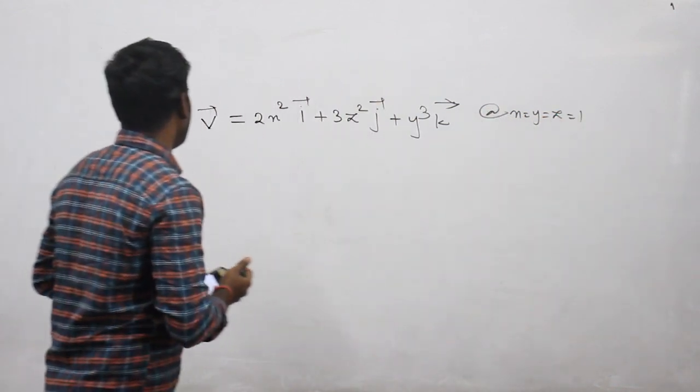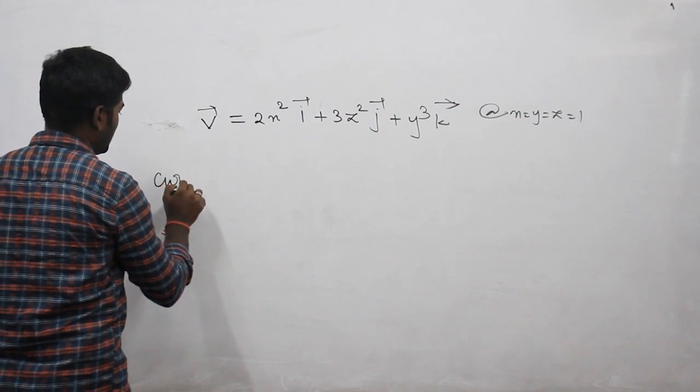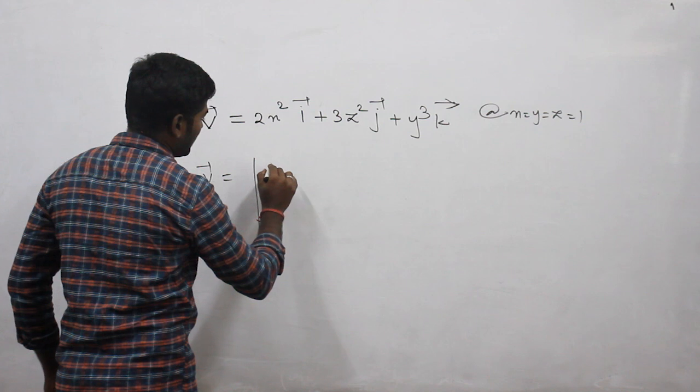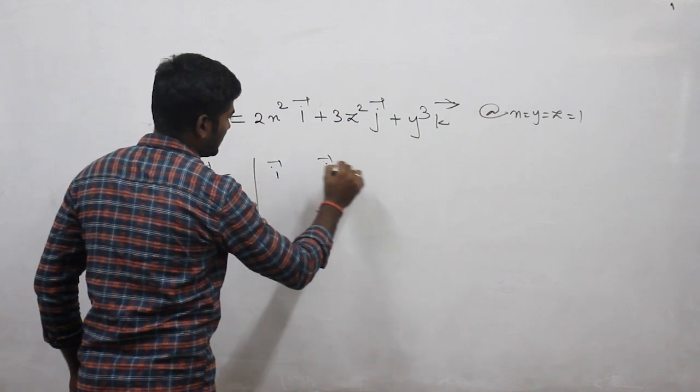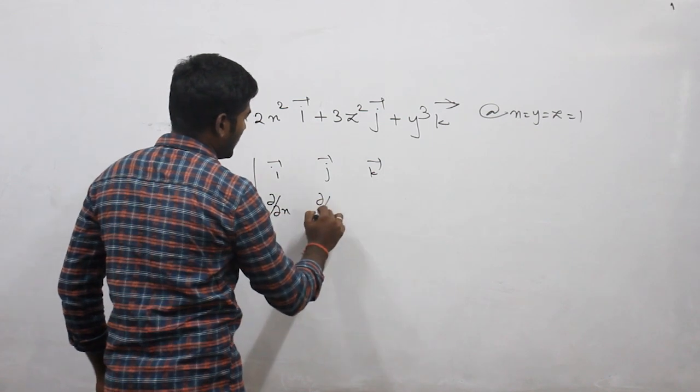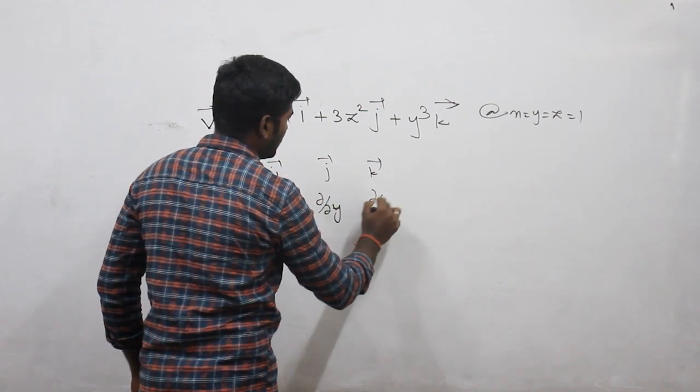So you want to find the curl of v vector. Curl of v vector means i vector, j vector, k vector, dou by dou x, dou by dou y, dou by dou z.